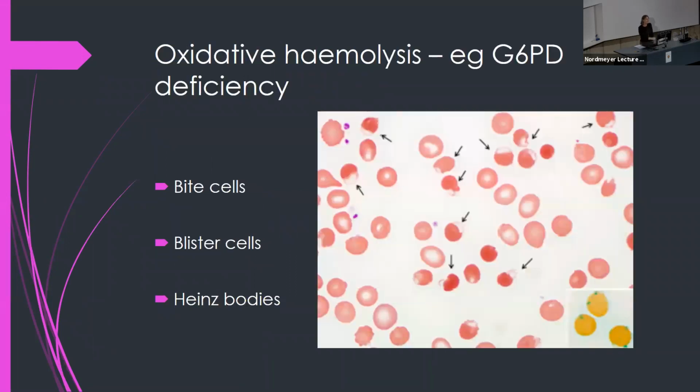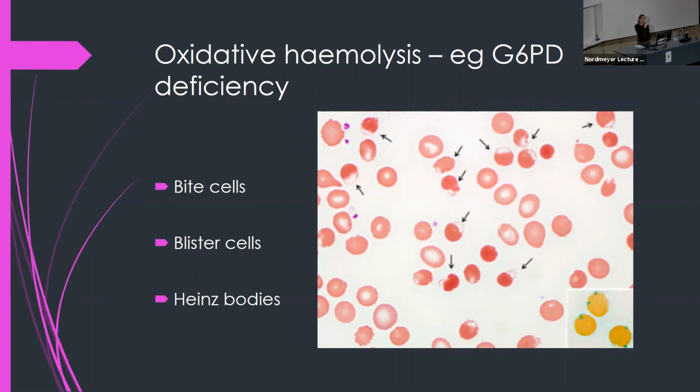So oxidative hemolysis, I talked briefly about G6PD earlier. And the classic features to some extent have to be learned. This is a result of oxidative hemolysis, and I think what's happened is that there's oxidative damage to the hemoglobin, and then the hemoglobin deposits, and then the spleen takes bits out of the cell, but you end up with these bite cells that have got little chunks taken out of them, or blister cells where there's a pale area at one end of the red cell.